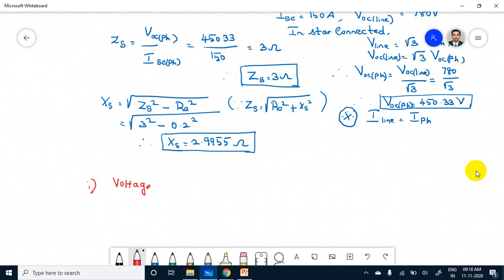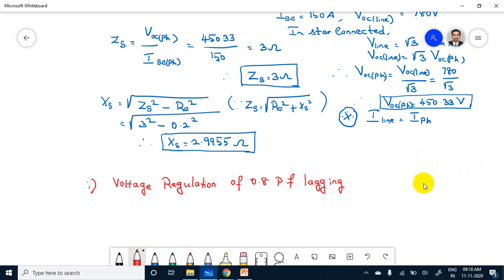You have to calculate voltage regulation of 0.8 power factor lagging.